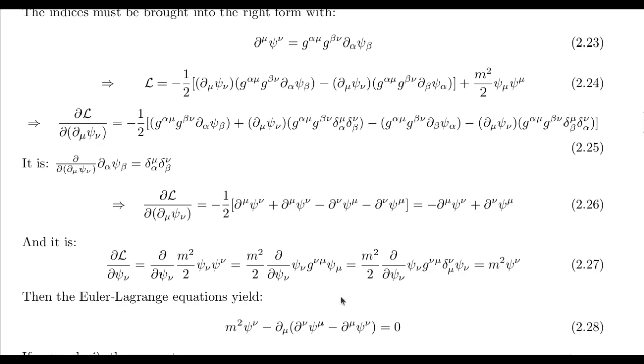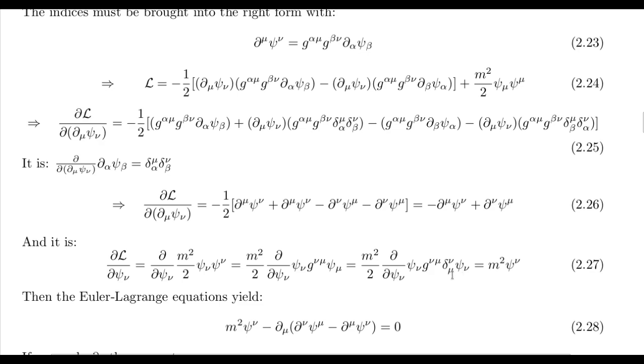Then we have here a co- and a contravariant index. So we push this contravariant index down with a metric tensor here. And so we can write this.